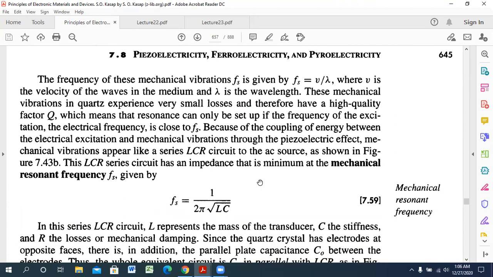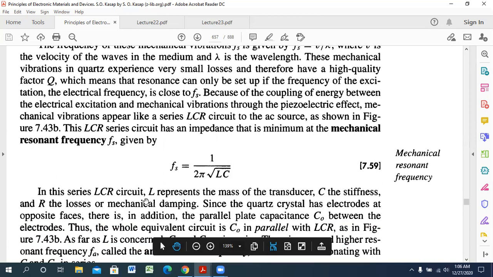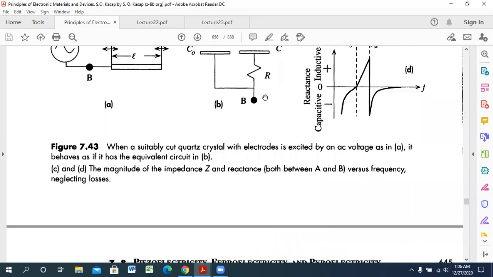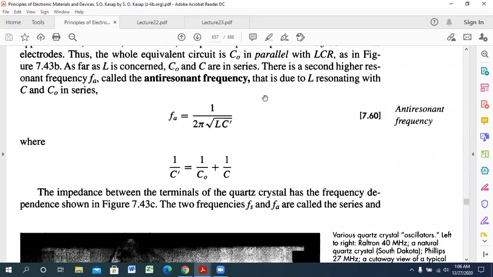And we know about the resonant frequency. The mechanical resonant frequency Fs is described as 1 divided by 2 pi root over LC, where L and C are the equivalent inductance and capacitance. Similarly, there is the anti-resonant frequency Fa, expressed as 1 divided by 2 pi root over LC prime.